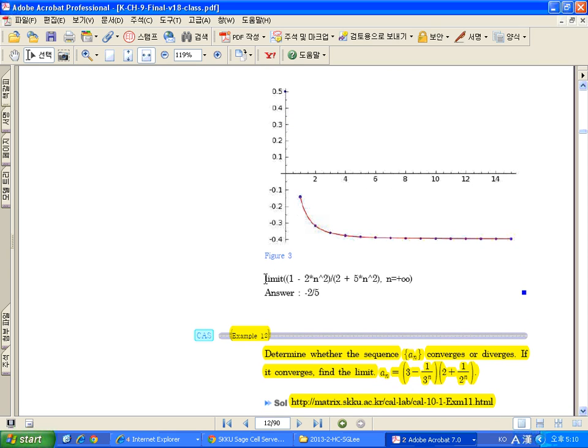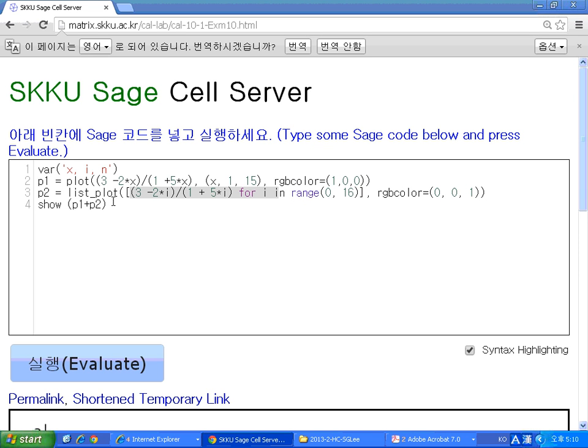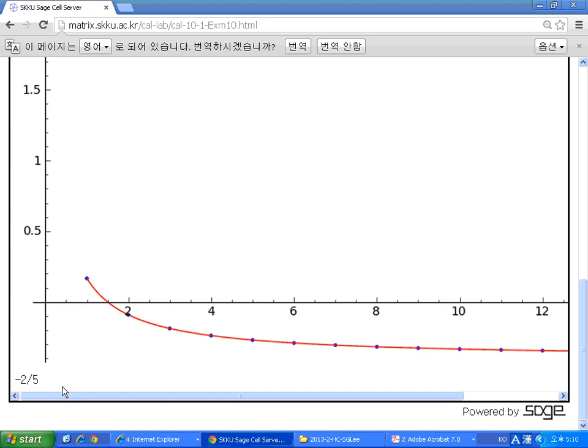And also if we copy this and give a command here, then it gives us the limit like this.